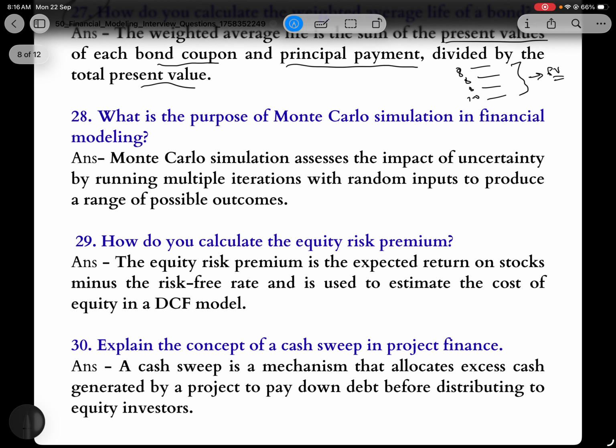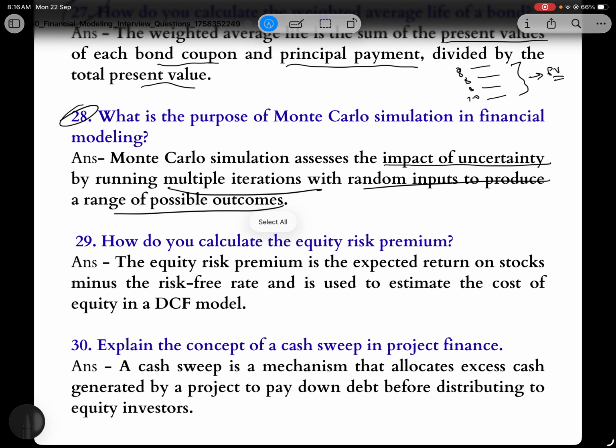Okay, so what is Monte Carlo simulation in financial models? It assesses the impact of uncertainty by running multiple iterations, like running in a loop, with random inputs to produce a possible range of outcomes. It's simulation in the name itself. Whenever we run it 10,000 or 20,000 times with different input values, what's the range that we get?